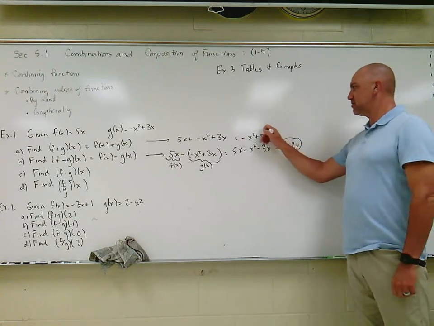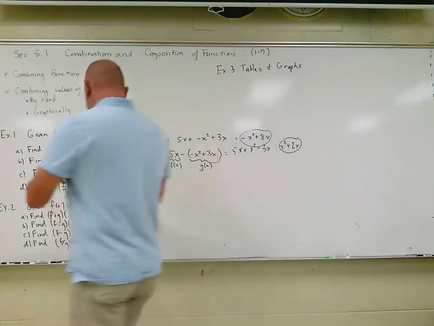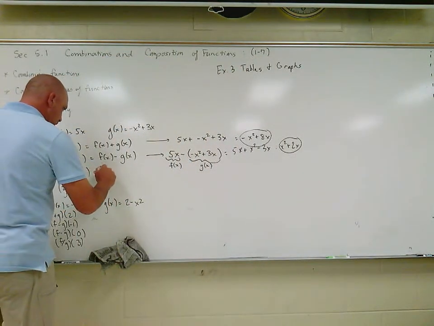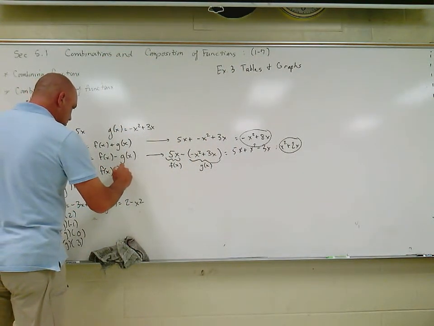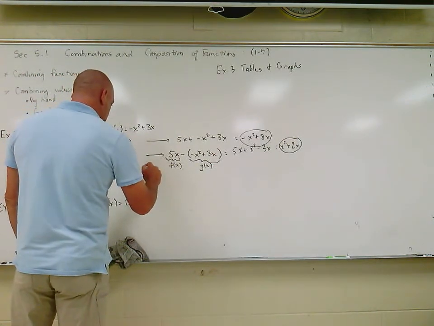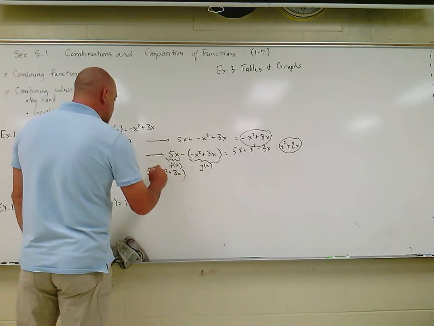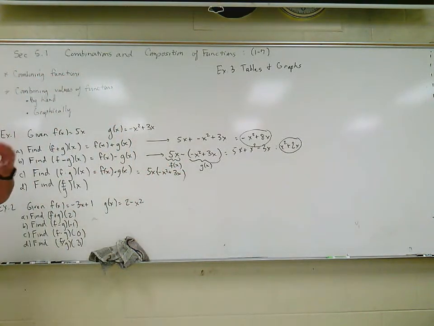All right, is that the answer? All right. So F times G means do the F guy times the G guy. We're going to multiply these two. So we're going to do 5x times negative x squared plus 3x. It's telling you what to do, and then you have to figure out mathematically how to do that.